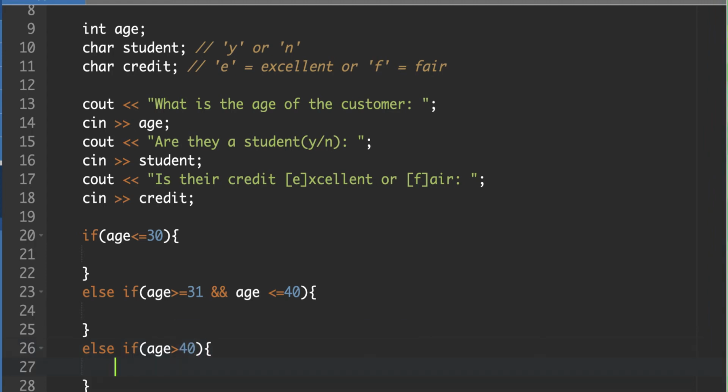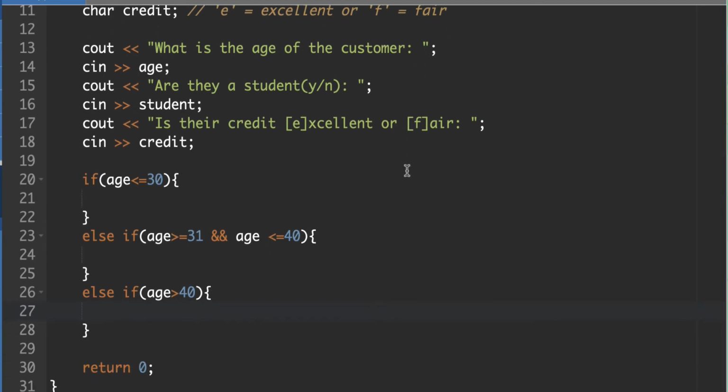And this would cover every single age imaginable. If you put in the age of 10,000, it'll be in this one. If you put in the age of -4, it'll be covered in this one too. So our root decision is based on the age.